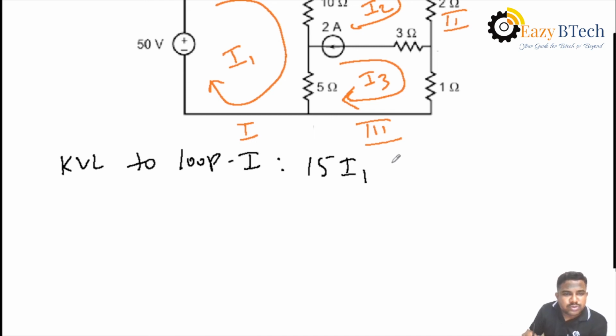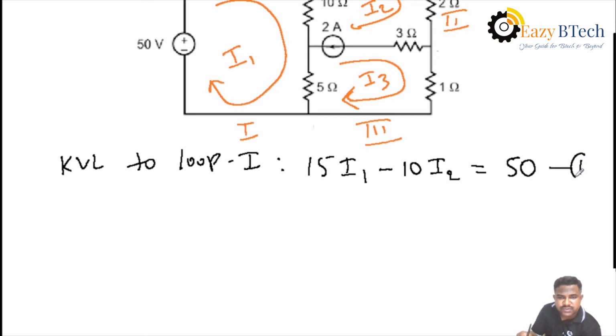Similarly, the 10 ohms belongs to the second loop also. I1 and I2 are both passing through 10 in reverse directions, that's why we take minus 10 into I2, the other loop's voltage drop. That equals, in the first loop, the source value 50, with current passing from minus to plus, that's why it is taken as positive 50. This is the first equation.